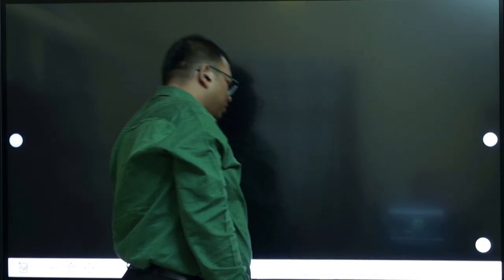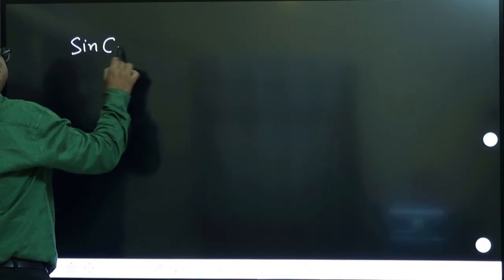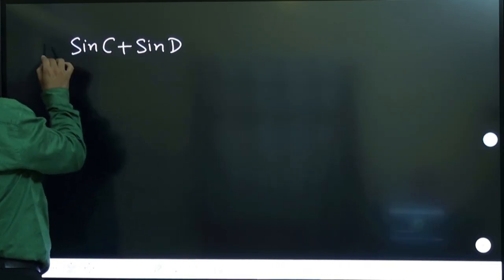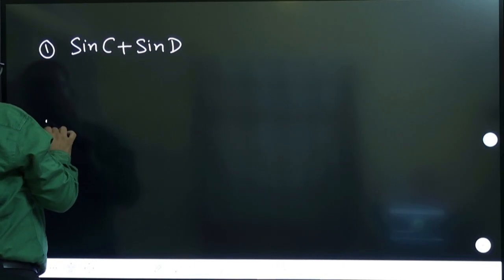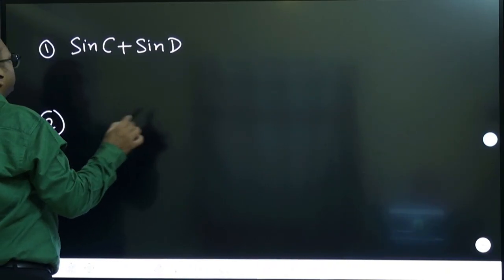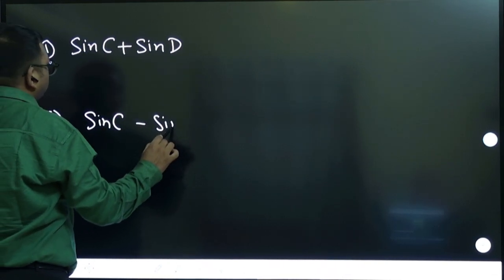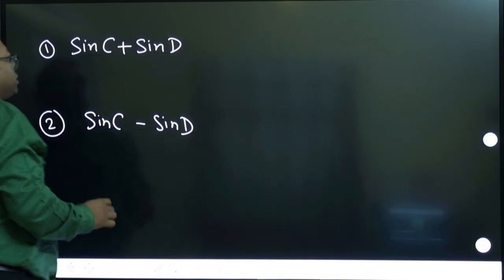Next, we have to see about sin C plus D formulas. So sin C plus sin D. These formulas have major applications in oscillation and waves. Sin C plus sin D, sin C minus sin D. Let us first do these two formulas.